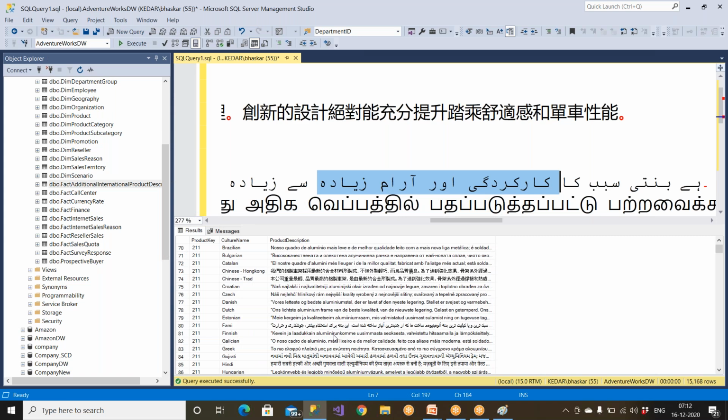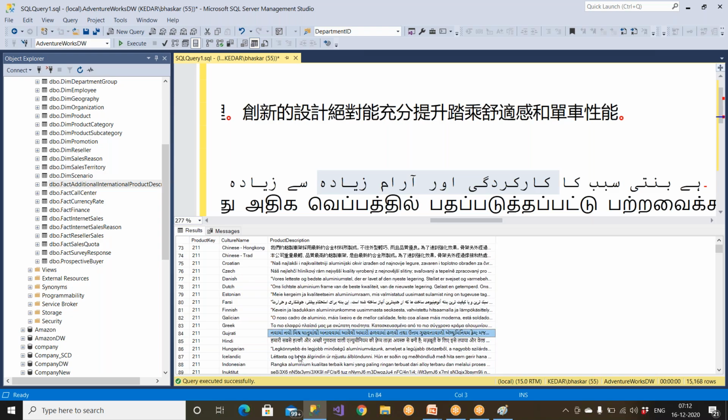If you go to Dubai and the Middle East, they don't understand English. They speak in Arabic. Arabic has a good script. Most of the applications, Java, .NET, take Arabic data and process that data. This is Gujarati data, one more Indian language.